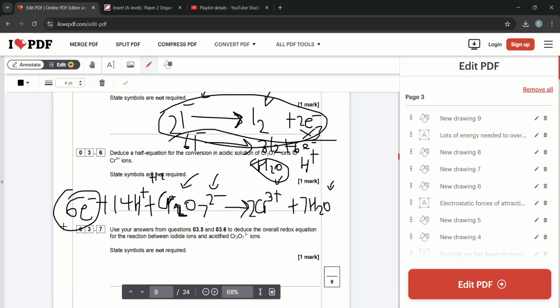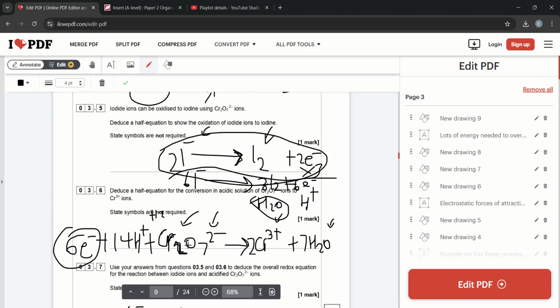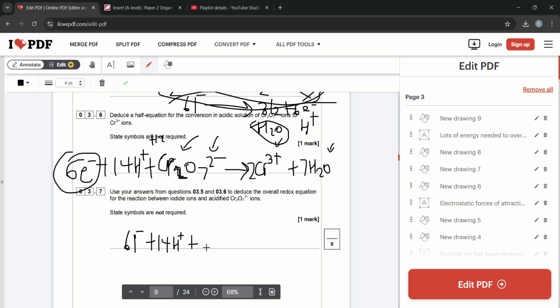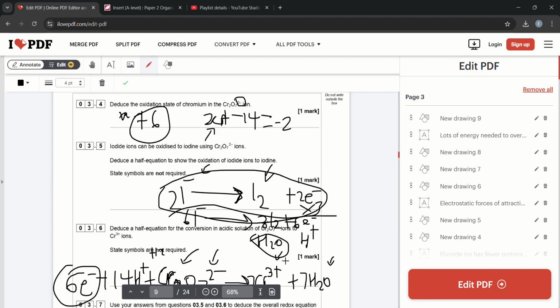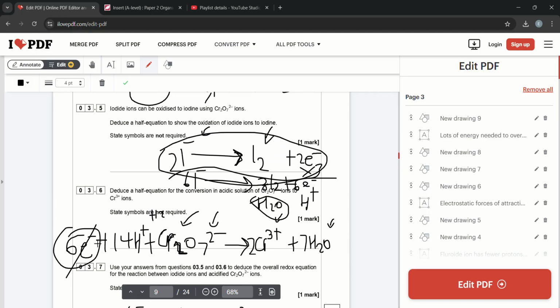Now we add them together, so we're going to get 6I minus plus 14H plus Cr2O72 minus arrow 3I2 plus 2Cr3 plus 7H2O, and the 6 negative electrons here cancel out.